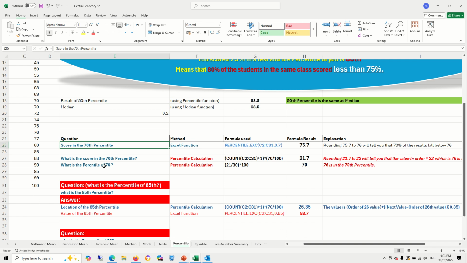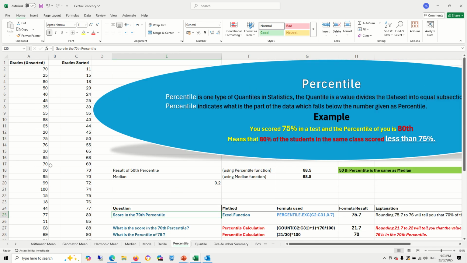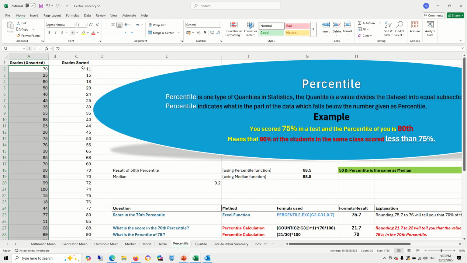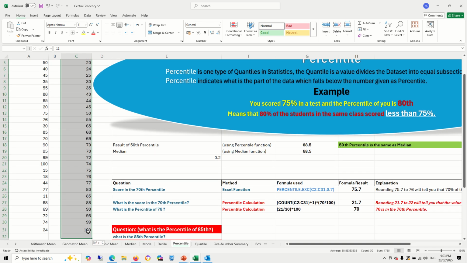Okay, now look at this question. What is the score in the 70th percentile using this data set? This data set, as you see, is showing some grades. It is here unsorted, and the same grades are here sorted from smallest to largest.